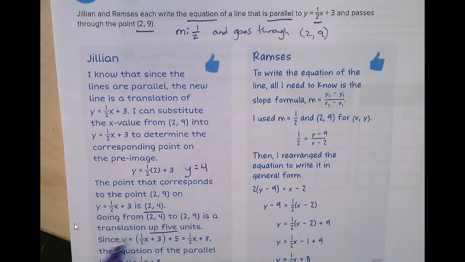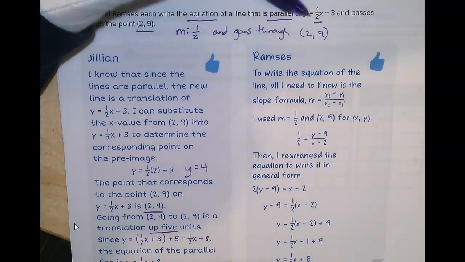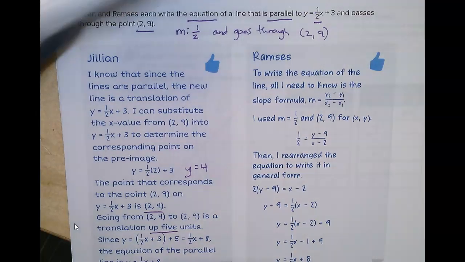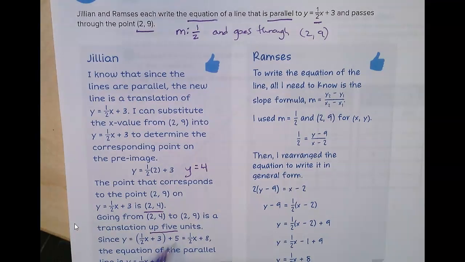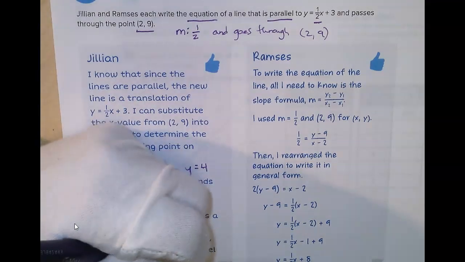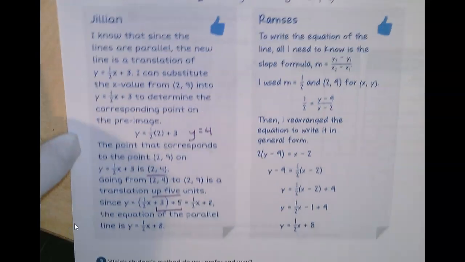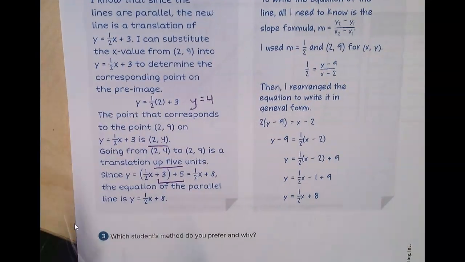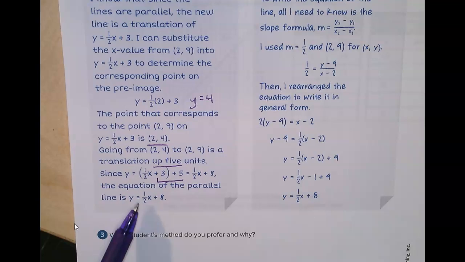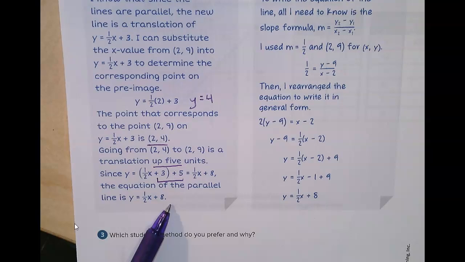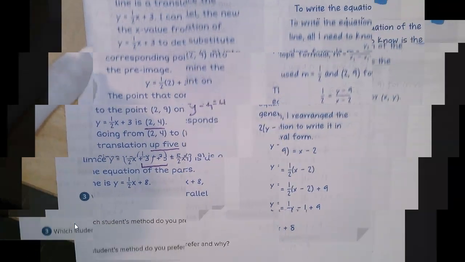And so she figures out that if you take your original equation and add 5 to it, right, like right here, that these two numbers are going to get added together to make 8. So she figures out that the new equation is y equals 1/2 x plus 8. Okay. So that's Jillian's process.